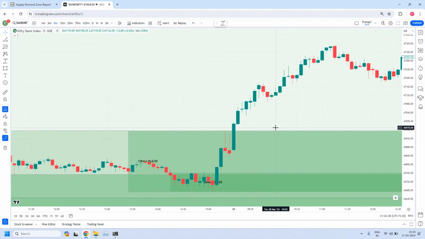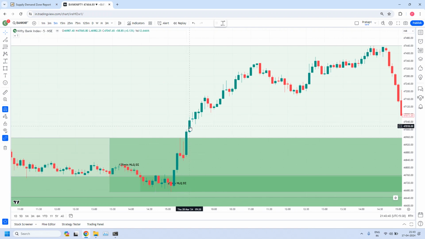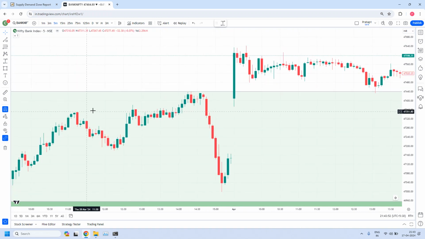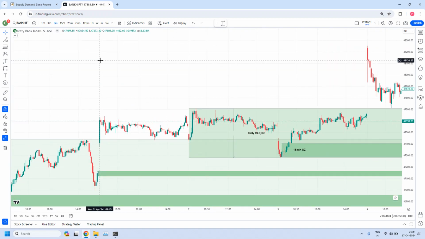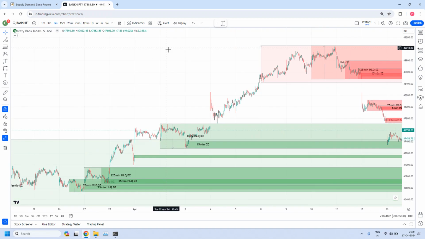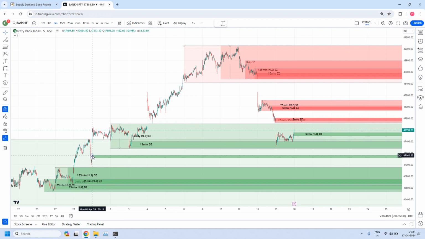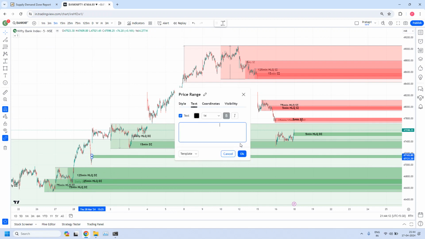I made a mistake. Sorry. 28.3. This is the one, 28.3 base candle rally. This is the 5-minute high liquidity demand zone.